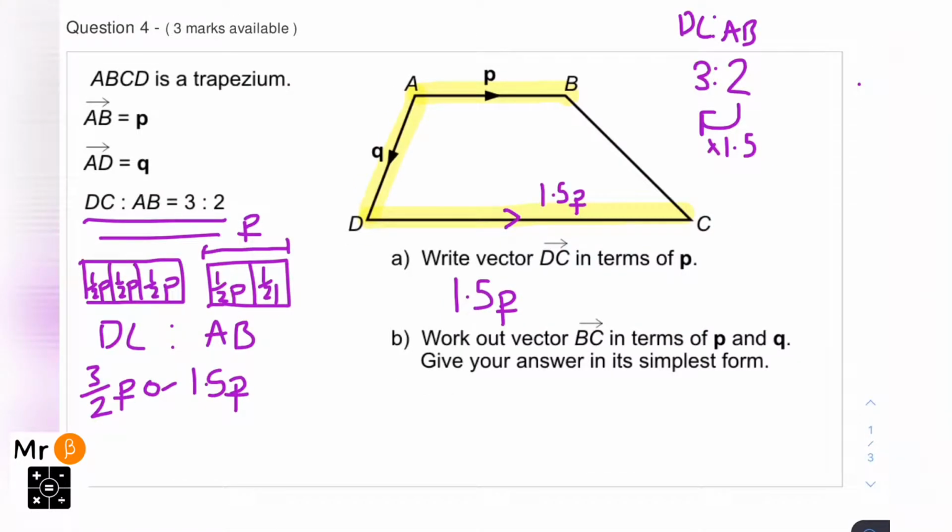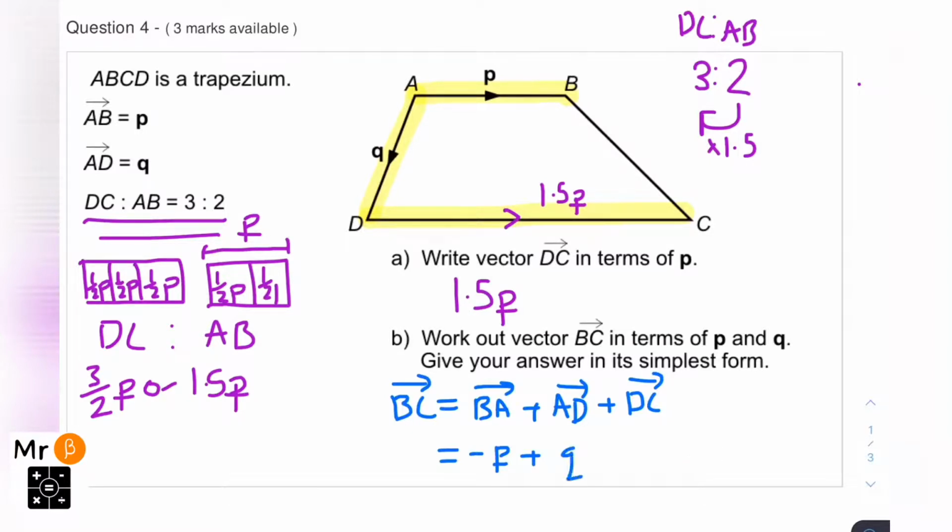So like you've seen previously, I'm just going to write out the route that we're going to take. So to get from B to C, we are going to go from B to A, then from A to D, and then finally D to C. And if I fill in that information now, B to A is negative P, because we're going the opposite way to our arrow.